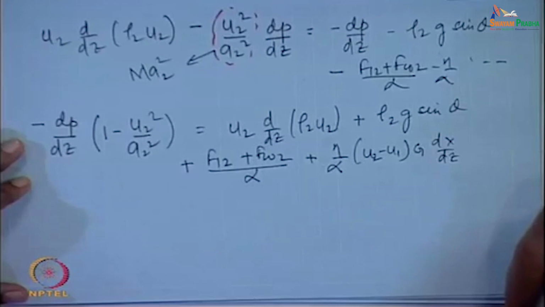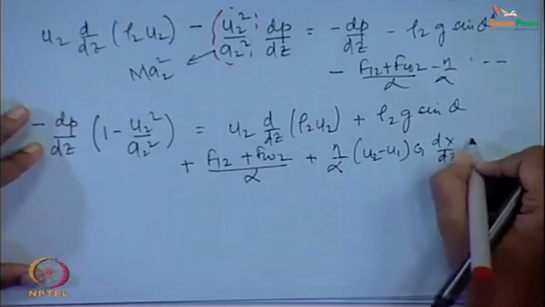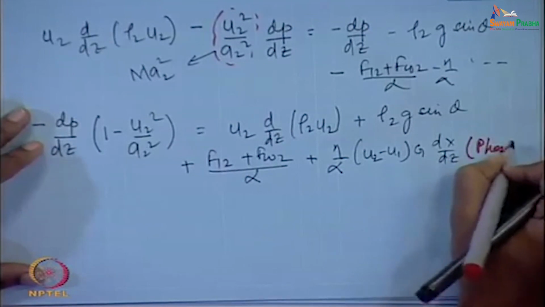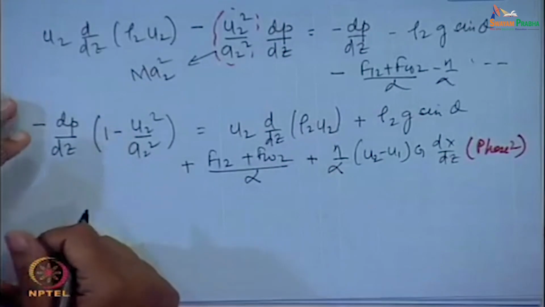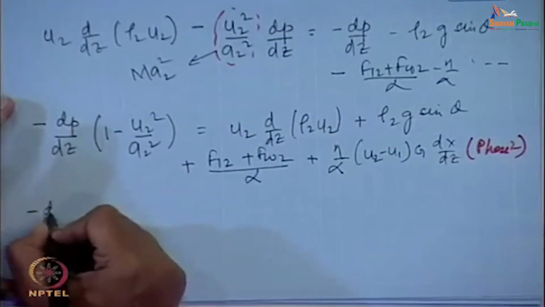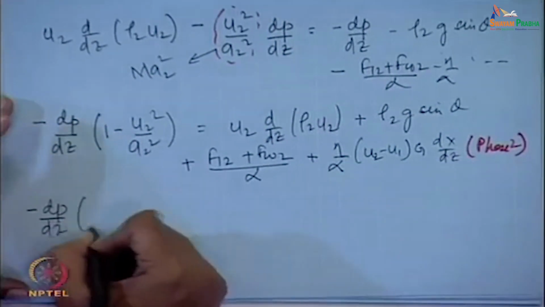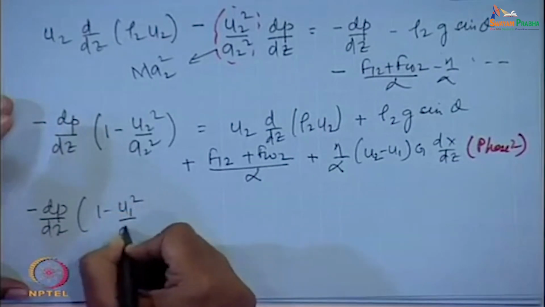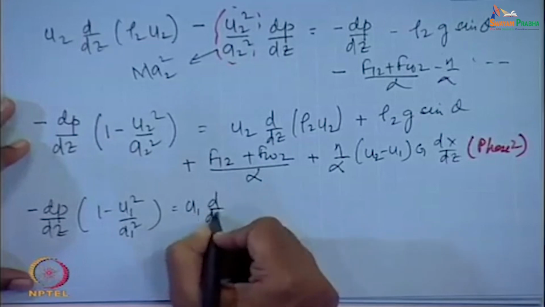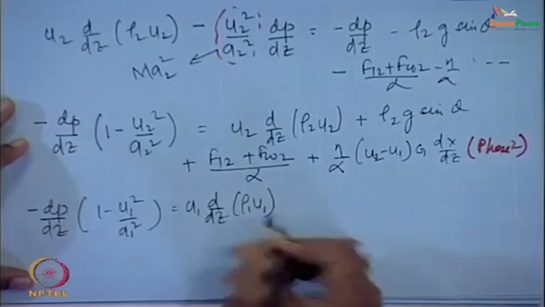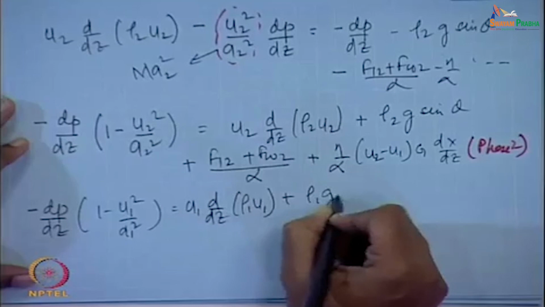Can I do this, yes or no? This I did for phase 2, agreed. Similarly, I can write down the same type of equation for phase 1, there is no need of deriving it separately. Plus rho1 g sin theta.